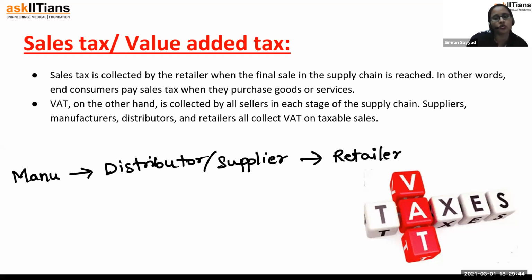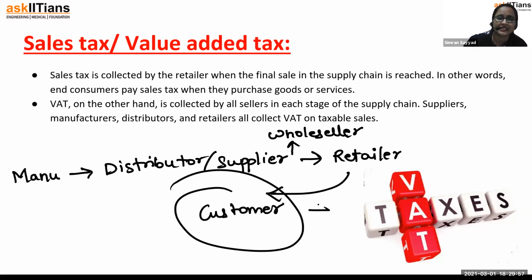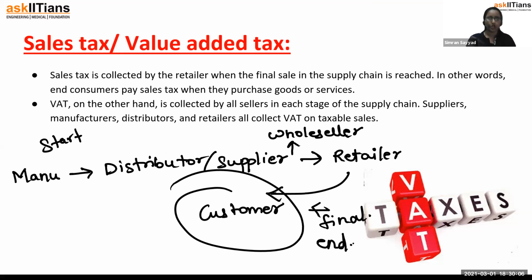There is also a wholesaler in between. And then this final product is given to a customer. So this is the final point of the chain. The chain starts from here and it ends here. So this is a chain.